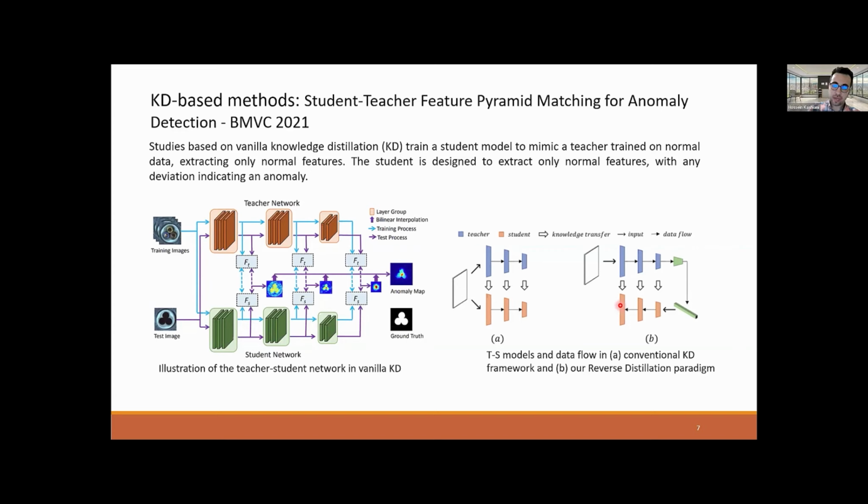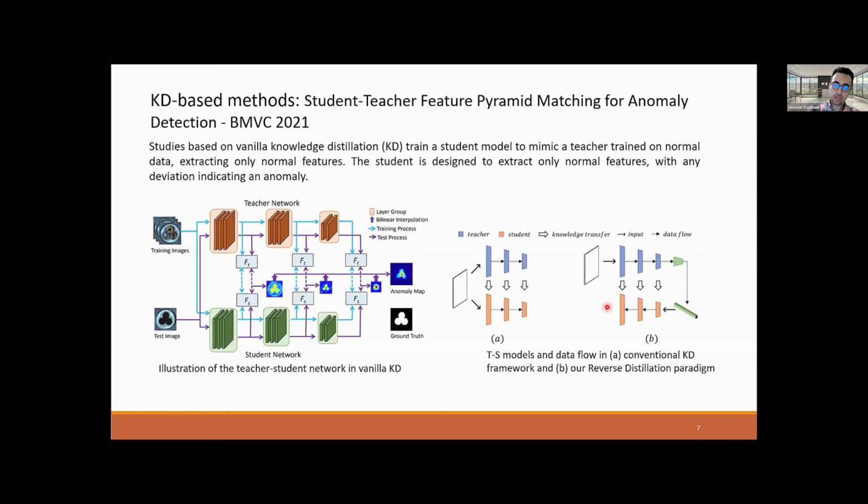One advantage of reverse knowledge distillation compared to vanilla knowledge distillation is that not all information in a teacher is valuable to be distilled to the student. So we try to compress and get rid of some redundant information, redundant features, from the teacher to the student. Because of this, reverse knowledge distillation proves to work better compared to vanilla knowledge distillation.